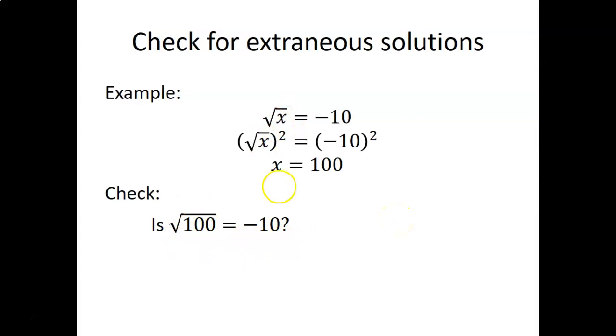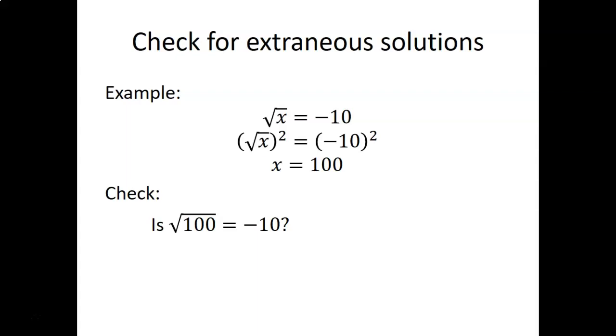No, because when we just say the square root of 100, we mean the principal or positive square root, not the one that's negative. What happened here is that we had two sides of an equation that were not equal because one of them was positive and one of them was negative, but then when we squared both sides, they became equal, where they didn't used to be.